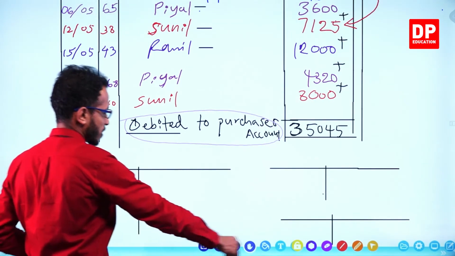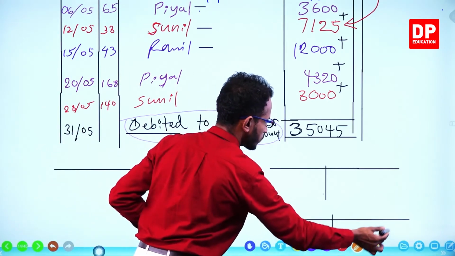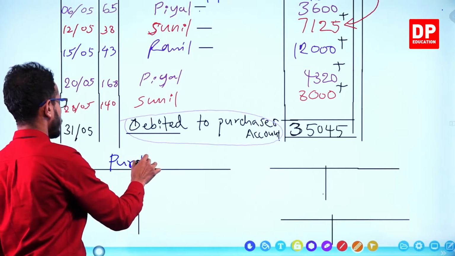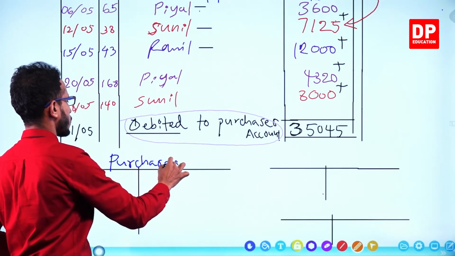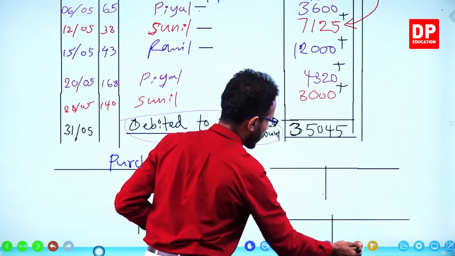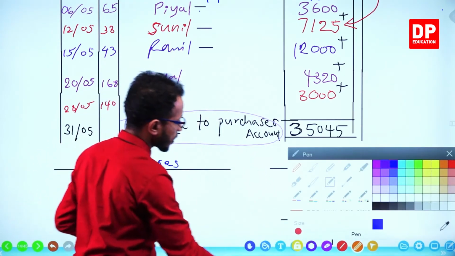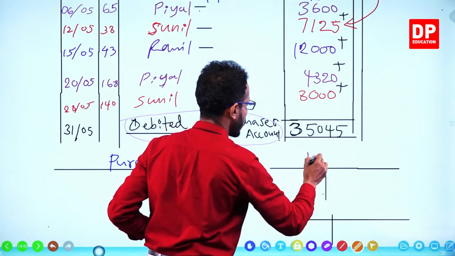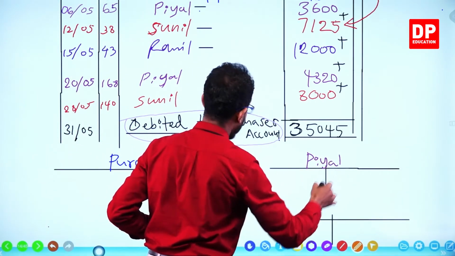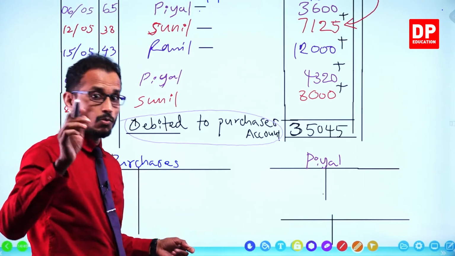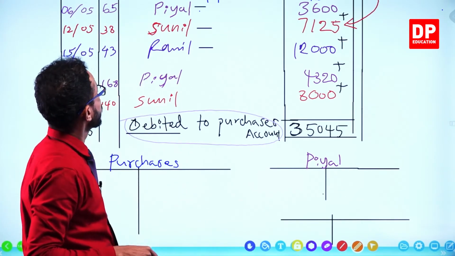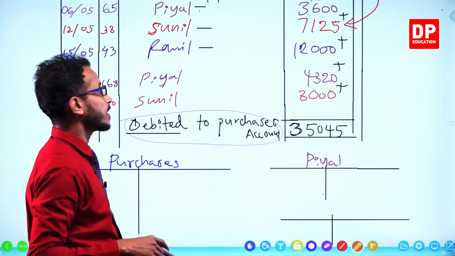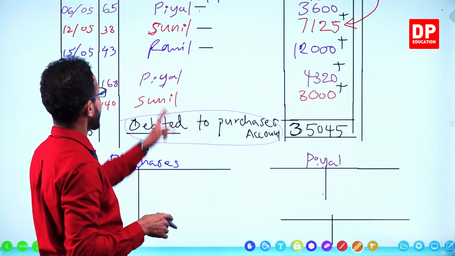This is the purchases account. And Pial's account, 1 for Pial, and 1 for Sunil, and 1 more for this guy, that is the most popular guy, Ranil.